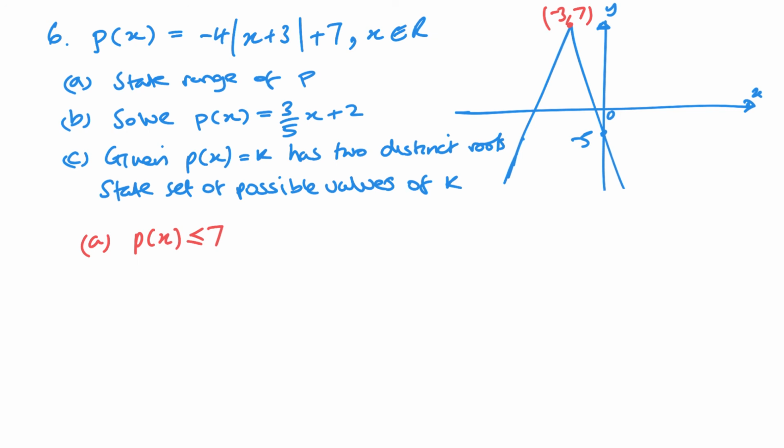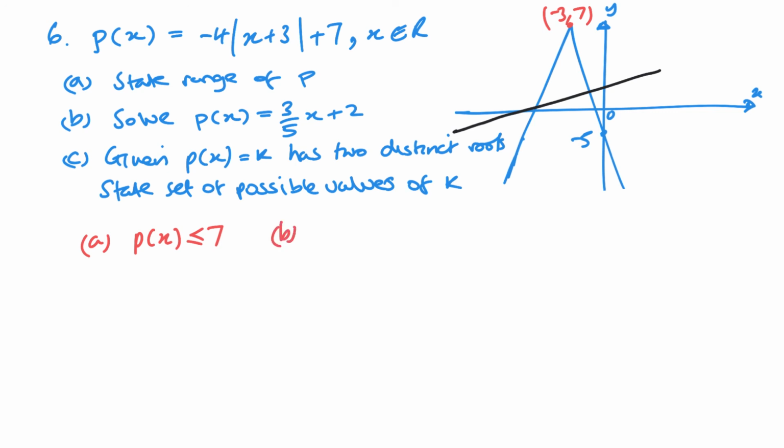Solve p of x equals 3/5 x plus 2. So that means I've got some sort of graph that looks something like this. Okay, it might be a little bit lower than this or a little bit higher, but I'm going to get 2 answers, which is the important bit to know.